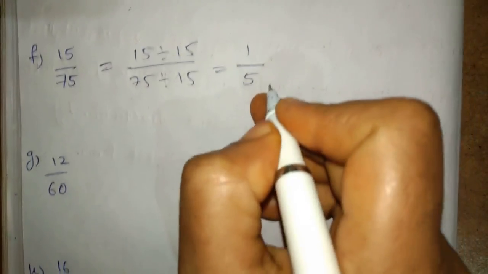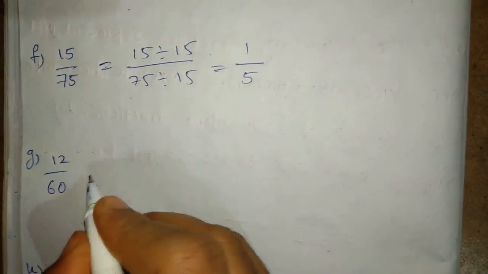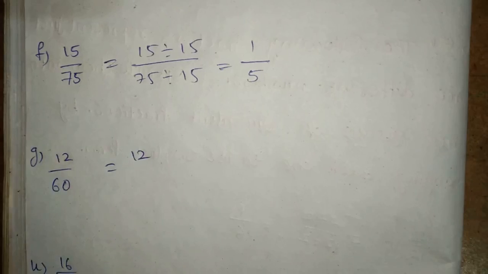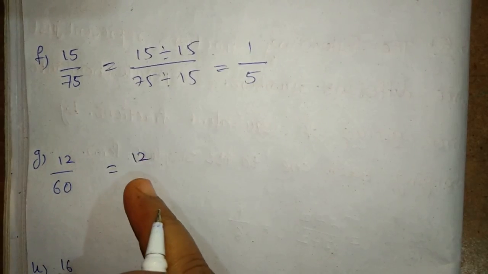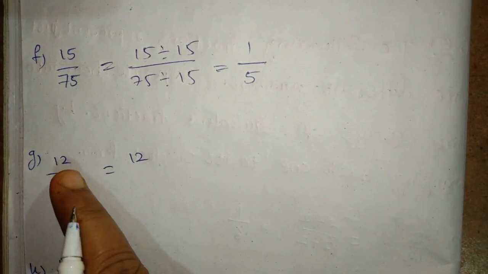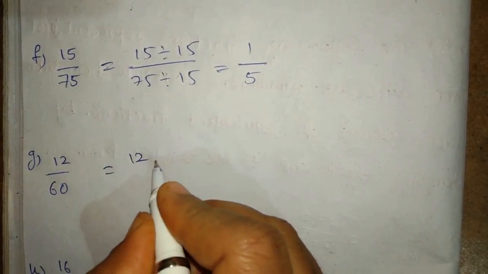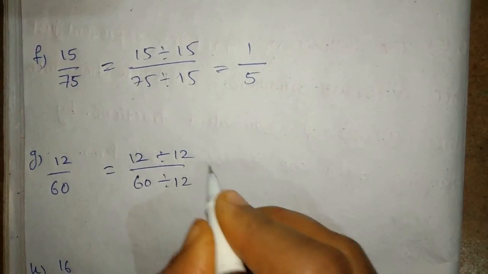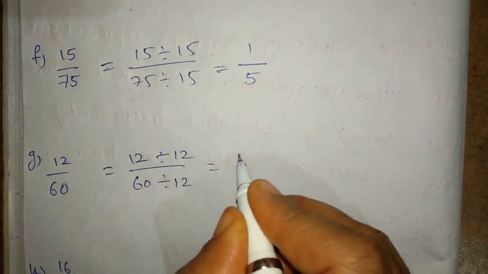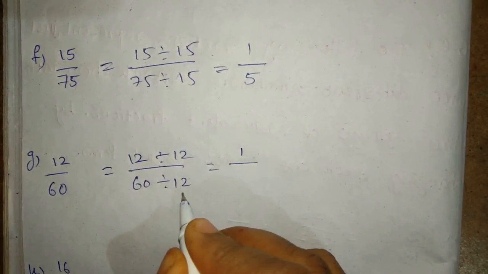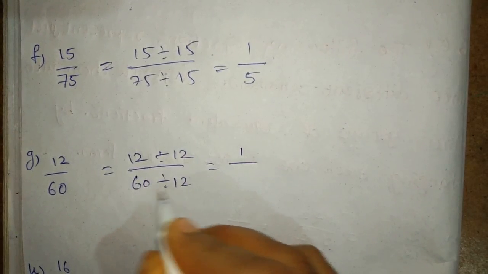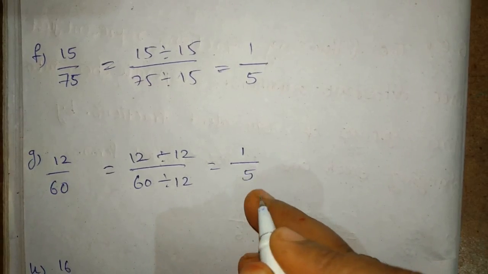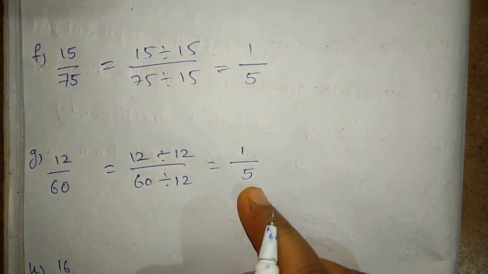Okay. Next, 12 by 60. Here also we divide both numerator and denominator by 12. 12 by 12 is equal to 1, 60 by 12 is equal to 5. 12 fives are 60. That is equal to 1 by 5.